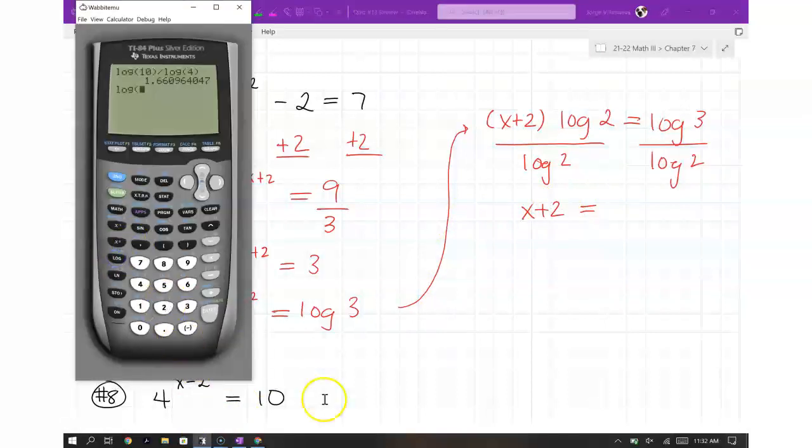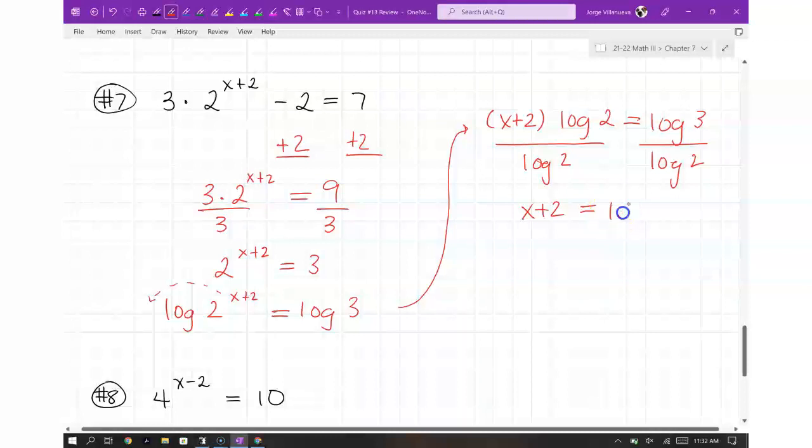I don't know what log of 3 over log of 2 is, so let's find out. Log of 3 divided by log of 2 is 1.585. I'm just rounding it. And I have to subtract 2.